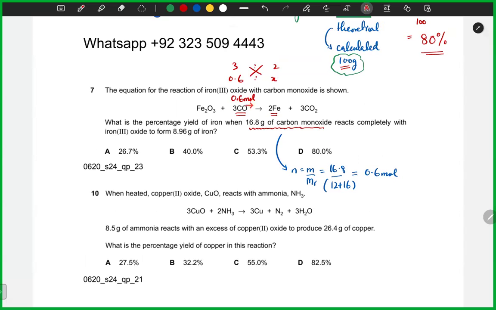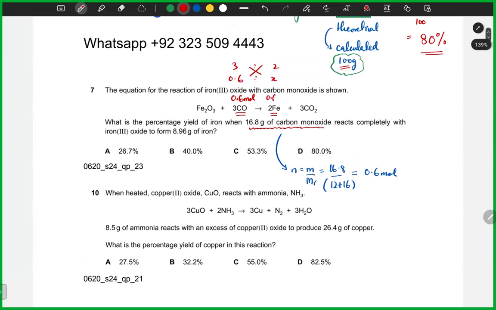The shorter way is 0.6 divided by its own ratio multiplied by the next ratio, which is Fe. So it's going to be 0.6 multiplied by 2 and divided by 3. If I take 0.6 and multiply it by 2 and divide that by 3, that comes out to be 0.4 moles.